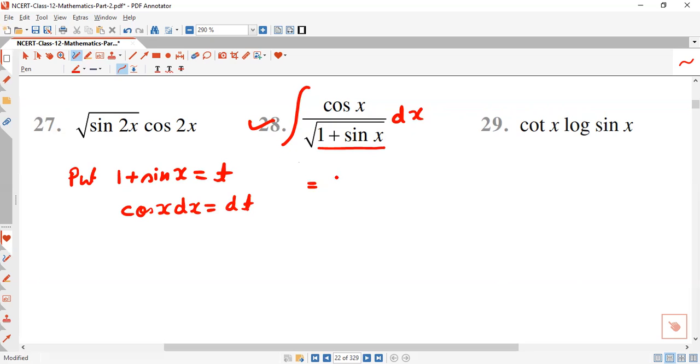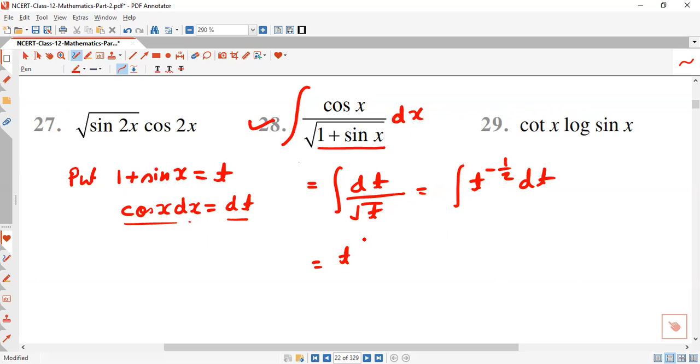Now you put the value here. What does the integration become? Integration of cos x dx, and this cos x dx will be equal to dt. So we have dt in the numerator, divided by under root t. Simplify this one: t raised to minus half dt. If you do the integration, you are getting t raised to half divided by 1 by 2, that is 2 times, plus some constant c.